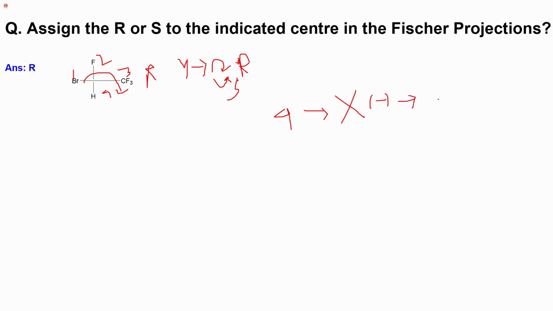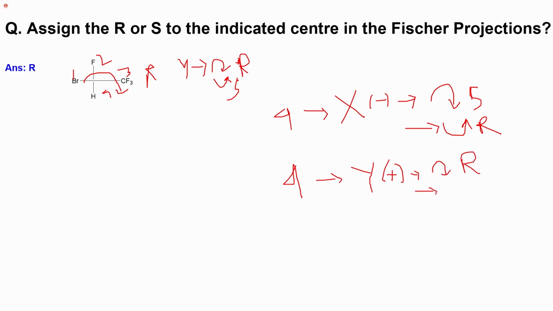Negative rule means clockwise is S and anticlockwise is R. If it is on the y-axis, then it follows the positive rule. Now if it is going clockwise, then it is R.